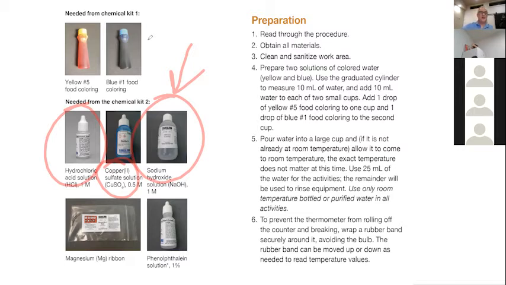Can anyone tell me what this one is? Phenolphthalein. What's that? The rest of them are kind of food coloring, magnesium, whatever. But phenolphthalein, what is that? Has anyone heard of it?